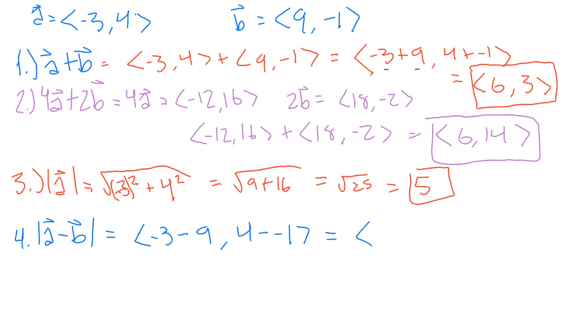So that gives us negative 3 minus 9, which is negative 12. And 4 minus a negative 1 is 5.